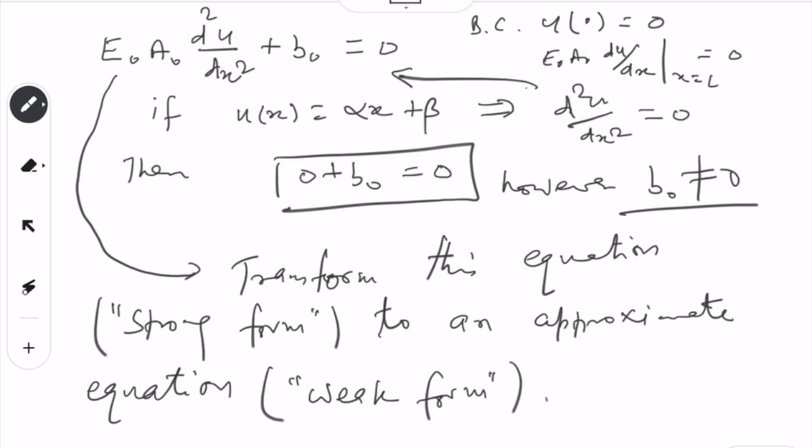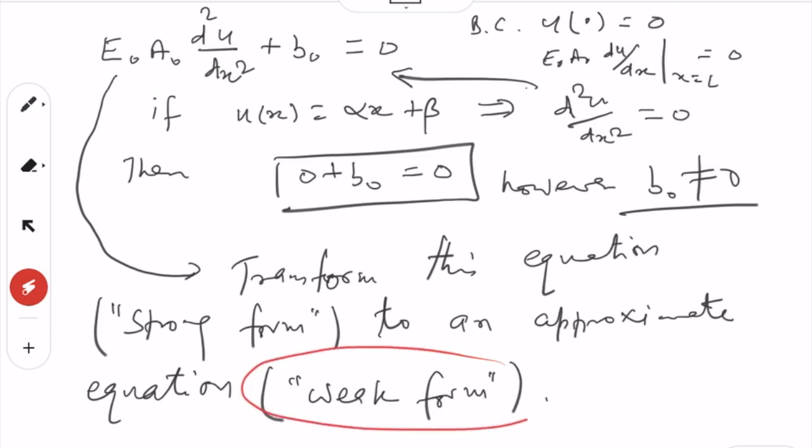Okay. So, basically if we want to find an approximate solution, an easier solution, we also have to transform this original differential equation to an easier differential equation. Easier means we also call it a weak form, and the original differential equation we call the strong form.